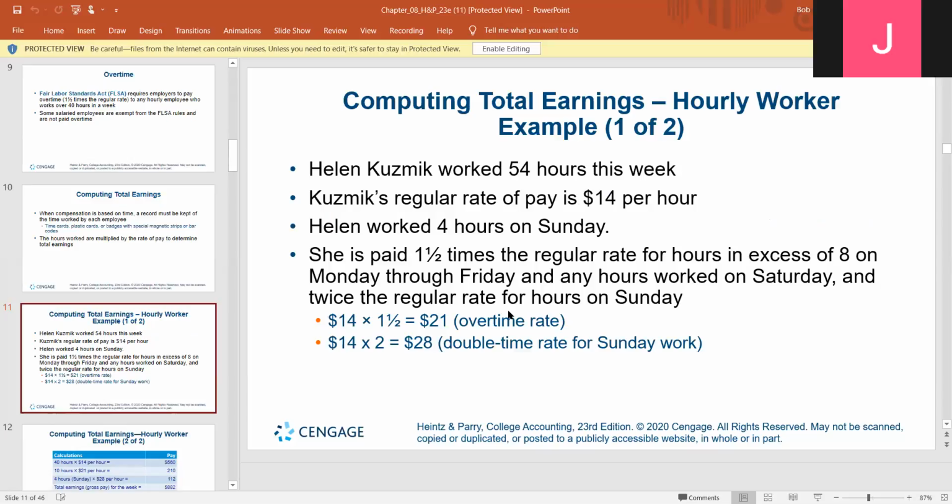Well, she's going to get 54 hours at straight time to begin with. And then 14 of those hours are going to be at time and a half, so 10 of those hours are going to be paid at $21 an hour. Double time on Sunday, 14 times 2 is 28.